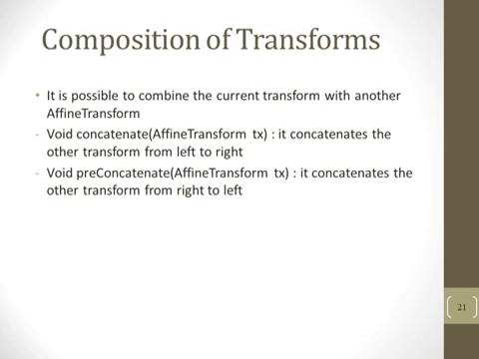So instead of the simple transformations listed above, it is possible to combine the current transform with another affine transform object, using concatenate and pre-concatenate. The first method is concatenate. It concatenates the other transform to the right of the current, while pre-concatenate concatenates the other transform to the left of the current.